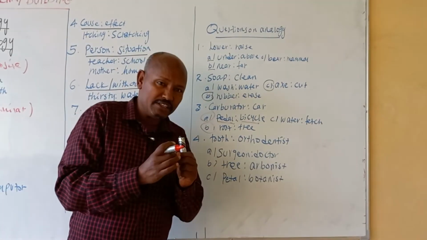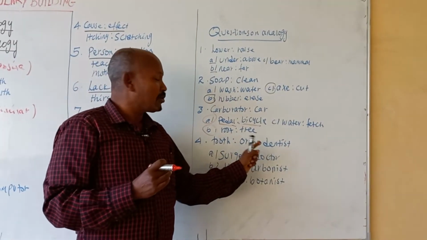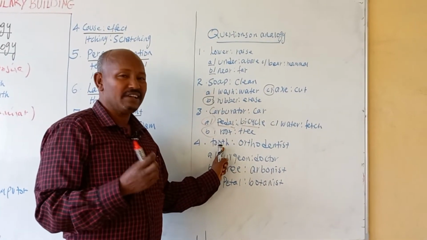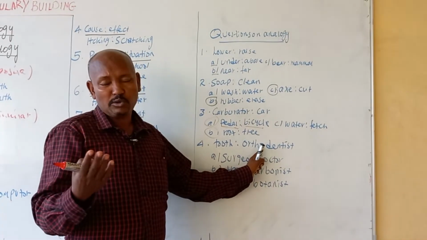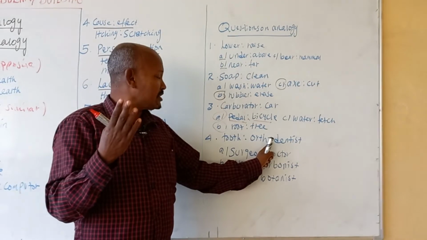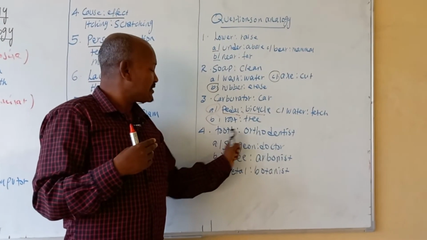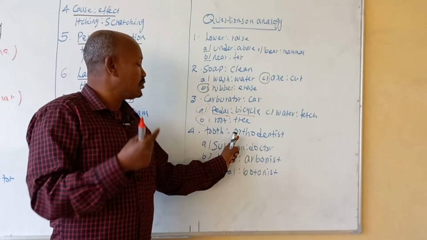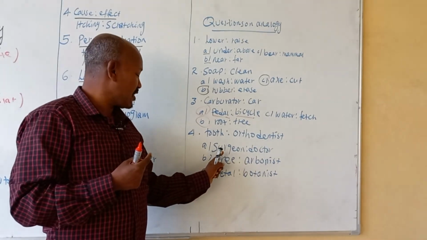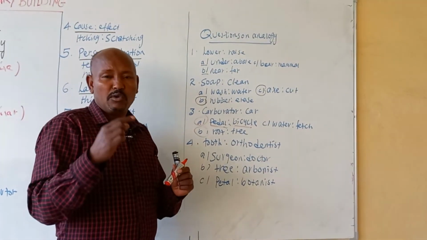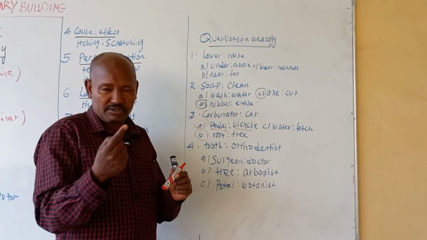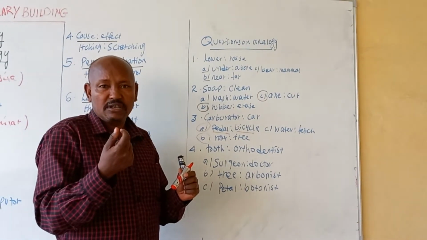And the last one is tooth and orthodontist. A tooth is part of our body, and an orthodontist is a person who takes care of teeth. So we can find the pair which has the same relation as tooth and orthodontist. The first one is surgeon and doctor. A surgeon is someone who operates on a patient.